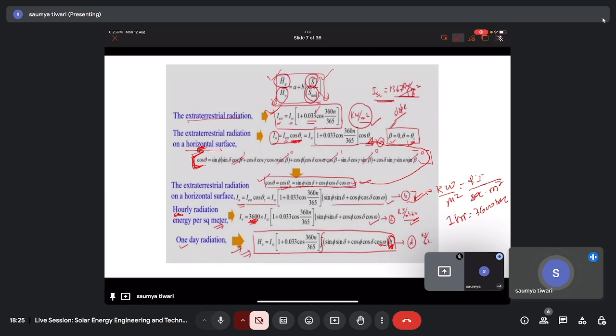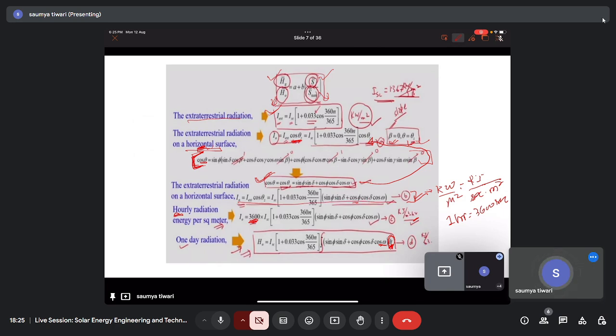For a horizontal surface, beta will be 0 and theta will be equal to theta z, where theta z is your zenith angle. We put all these parameters into the equation to get a simplified version of cos theta for a horizontal surface, and put it back into the equation. This will be your extraterrestrial radiation on a horizontal surface.